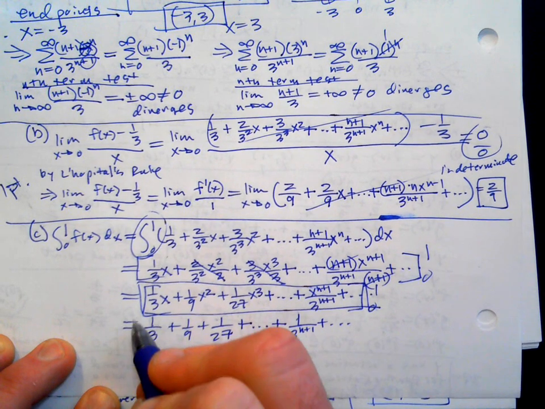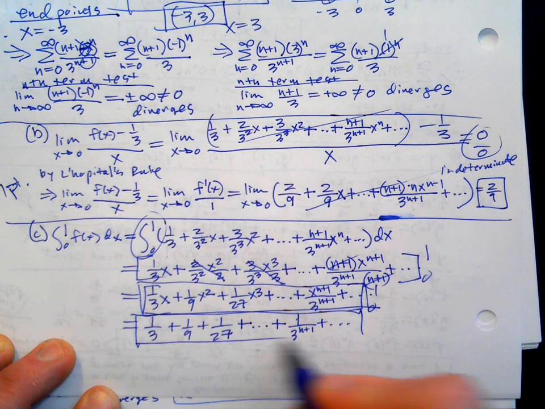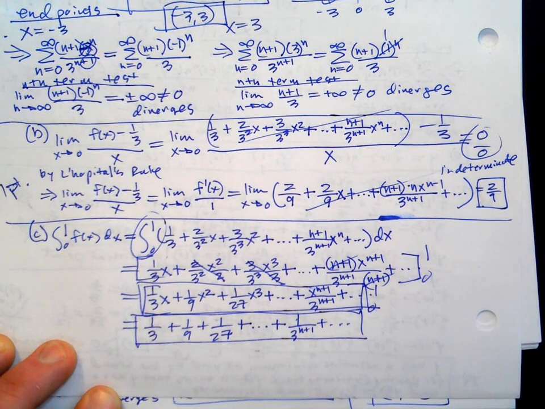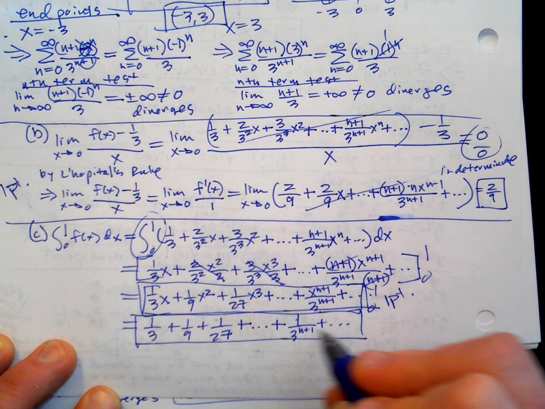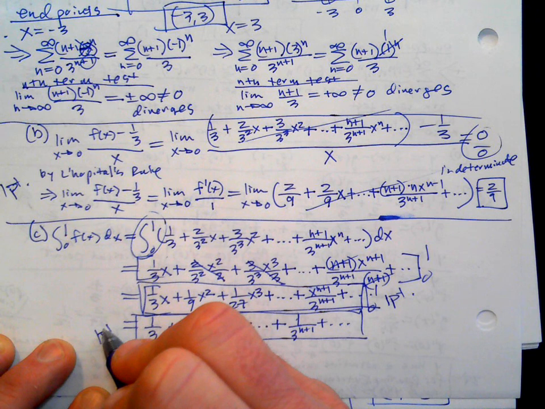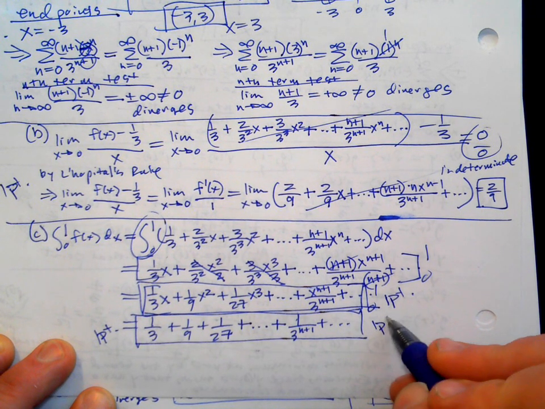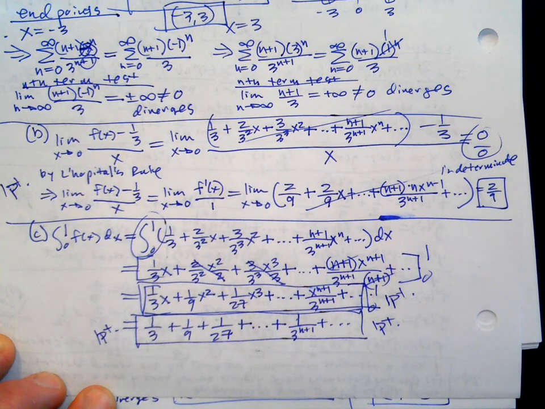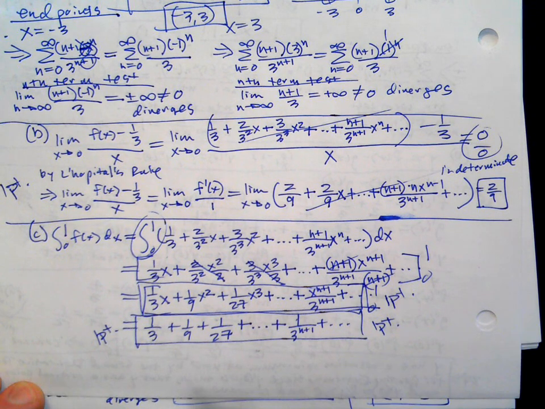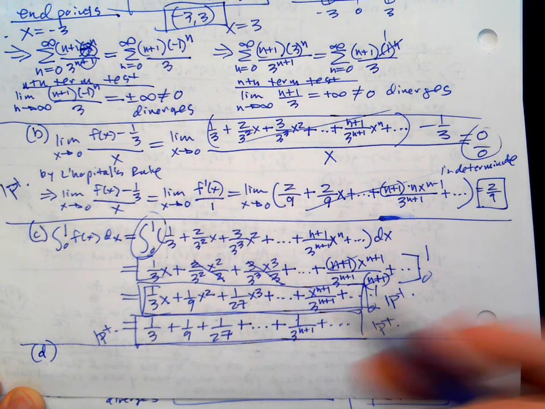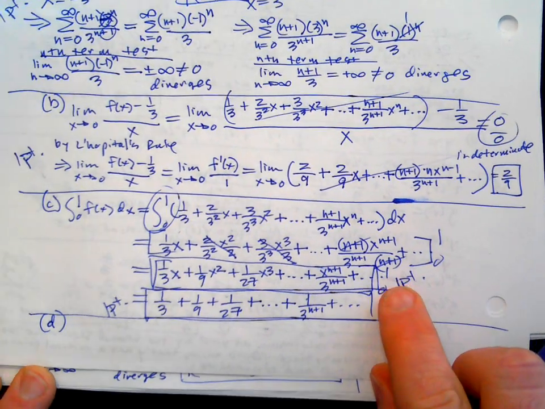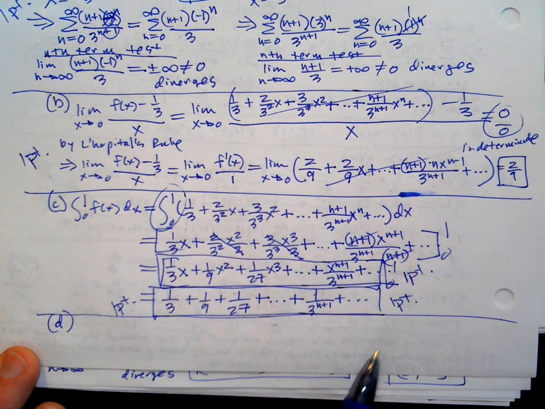So this is our answer. I almost messed that up. You got a point for integrating, a point for the first 3 terms, and a point for the general term. So if you mess up one of the first 3 terms, you lose that point. There's no half points. Okay, it was kind of predictable. I guess we haven't done one really where we plug limits in, so it's kind of interesting.